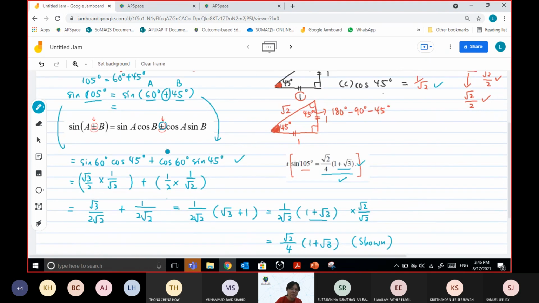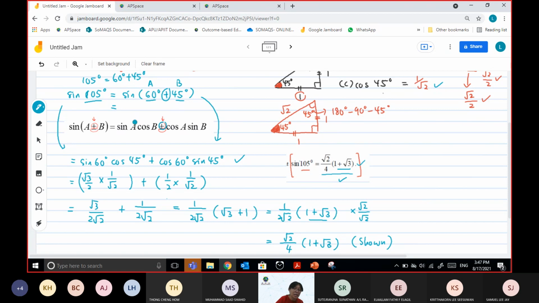After I write it as sine of 60 plus 45, this is the formula for sine of A plus or minus B. If I have a plus, then the formula will be sine A cos B plus cos A sine B. So our A is the 60 degree and B is the 45 degree.